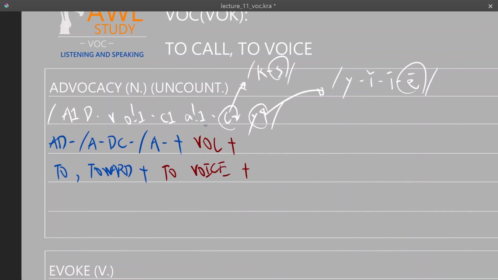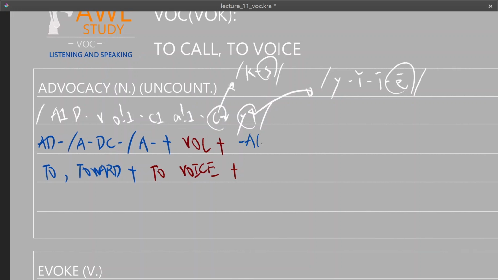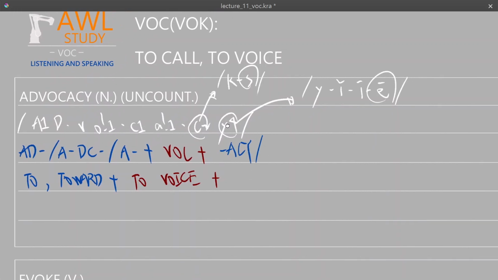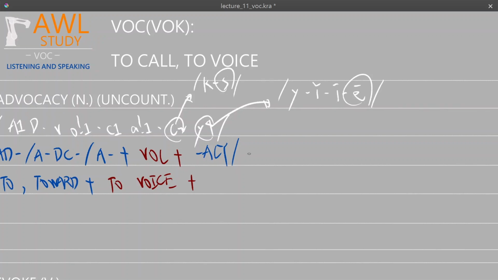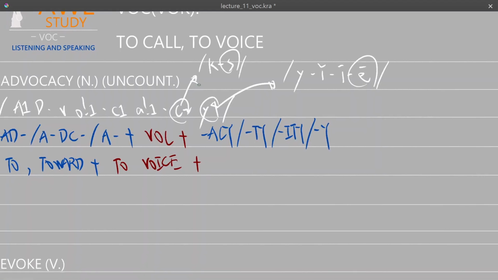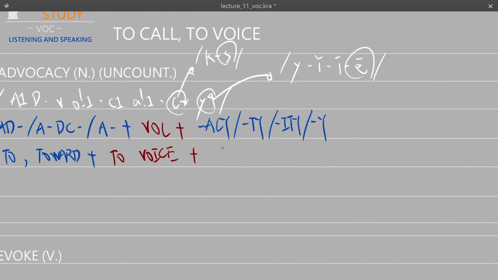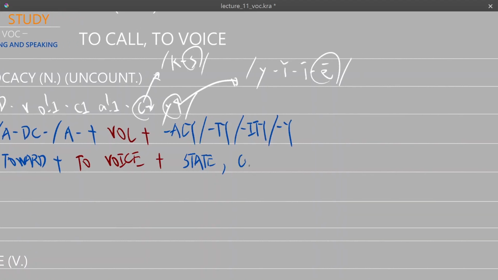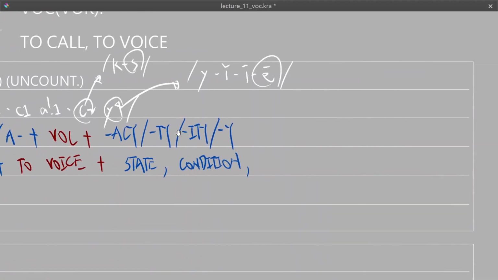And we have the noun suffix acy. It means state, condition, or quality.